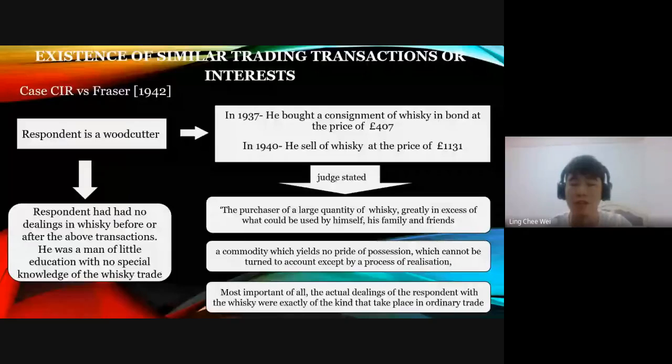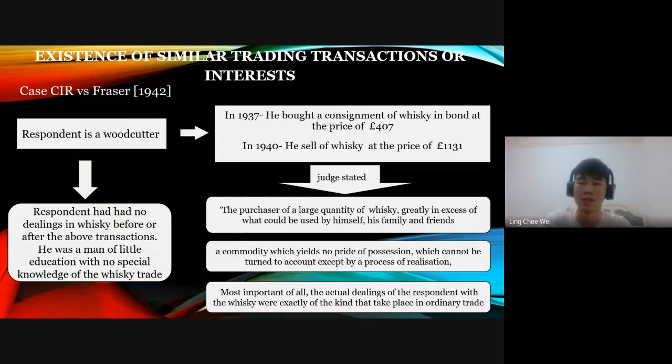So from my understanding, it means that the whiskey only has value when he sells it. He cannot keep it for maybe the next 10 or 30 years and sell it later, increasing the value of the whiskey.